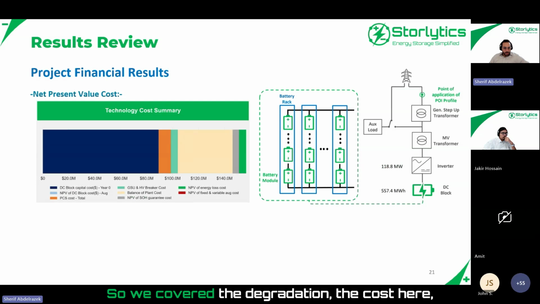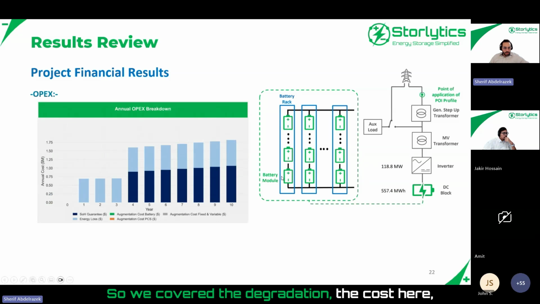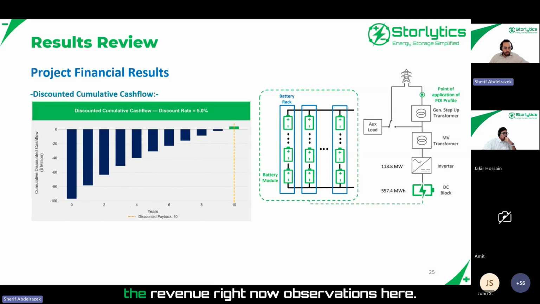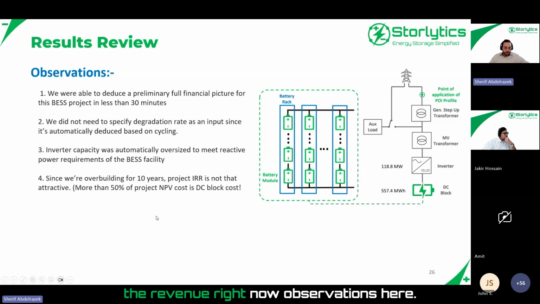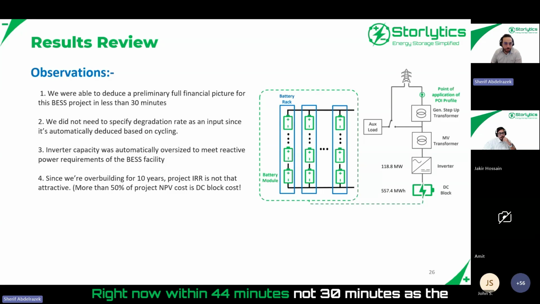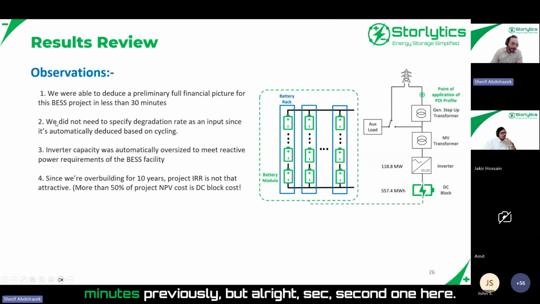So we covered the degradation, the costs here, the revenue, right? Now, observations here. So we were able to deduce the preliminary financial estimate for this project right now within 44 minutes, not 30 minutes as the slides say. We've been able to do that in less than 30 minutes previously.